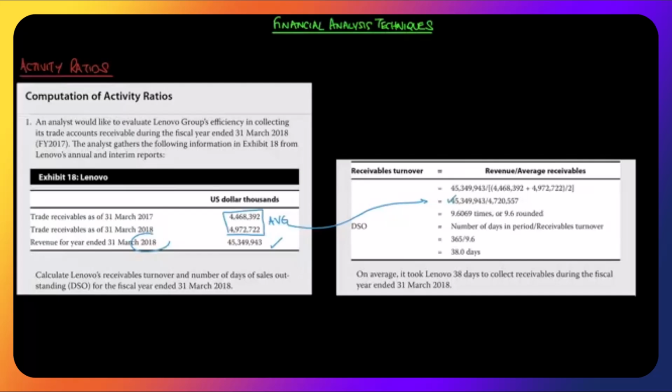They go via our turnover. We turn it over 9.6 times. Income statement divided by average balance sheet. 365 over that because this is for a year. Gives you 38 days on average. It took Lenovo 38 days to collect receivables. And there ends the story.